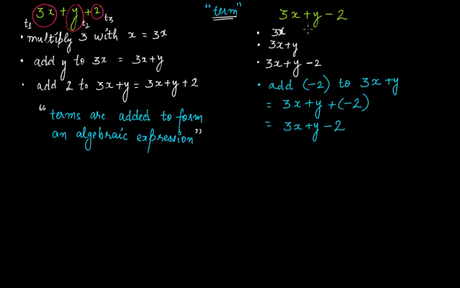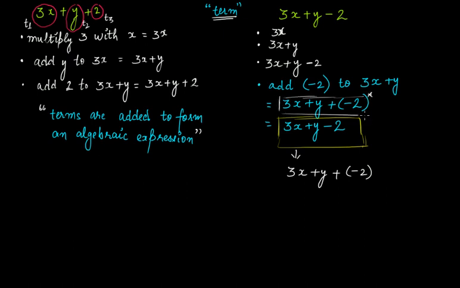In the same fashion, if we follow this definition and this algebraic expression where we are saying add minus 2 to 3x plus y, then you can write it as 3x plus y plus minus 2. That is the same one that we have already written here, right?